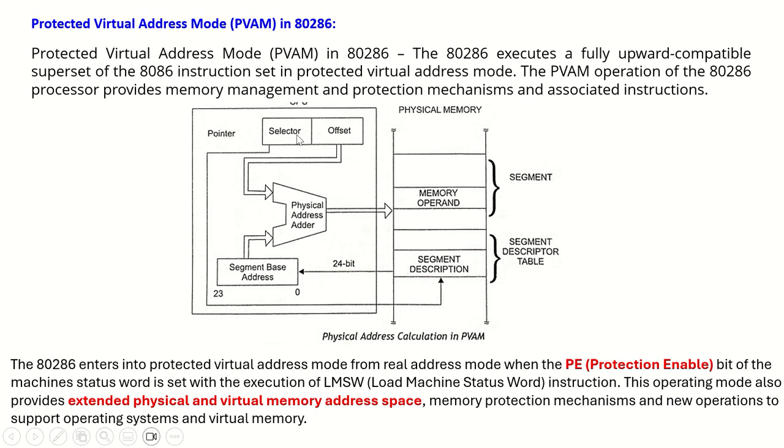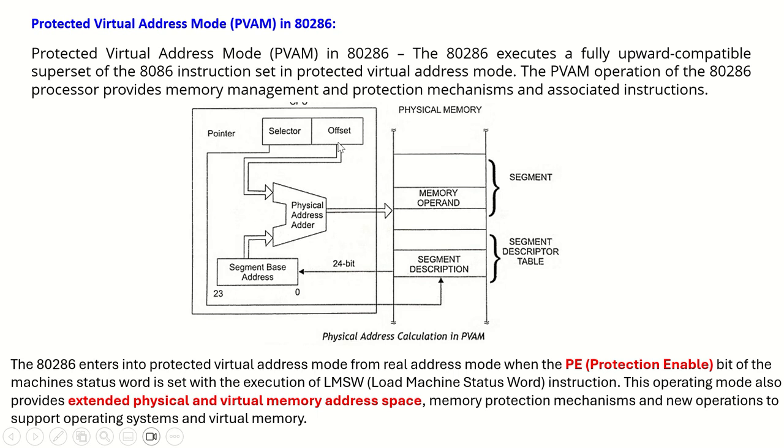The selector selects the descriptor in memory. The descriptor table has entries of descriptors, which consist of the base address. This base address is 24-bit for the 286 and 32-bit for the 386. So this base address plus the offset value.